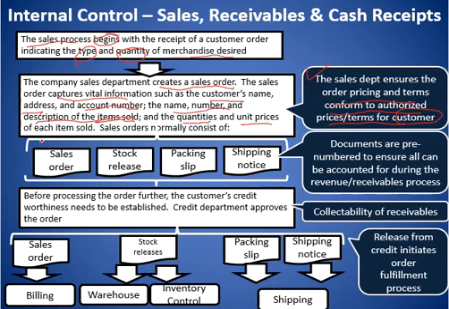Now, the sales order, when it's created, documents a number of different things, and we can look at it as being a number of main copies here. Actually, when I say stock release or packing slip and so forth, there may be more than one copy. These four items represent the main components of the sales order.